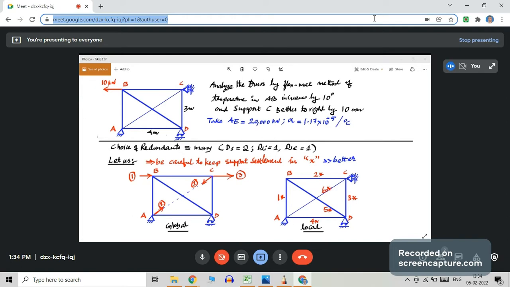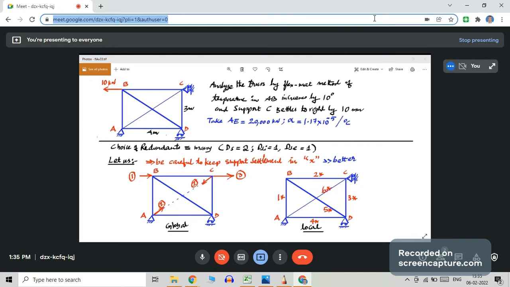So continuing, 10 kilonewton is in coordinate 1 for capital R. Then we know that ds is 2, one internal, one external. So we released the member AC, and coordinate 2 represents x1, that is redundant 1.